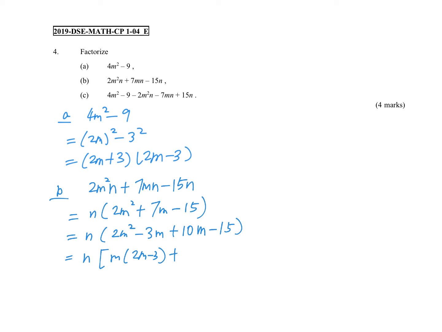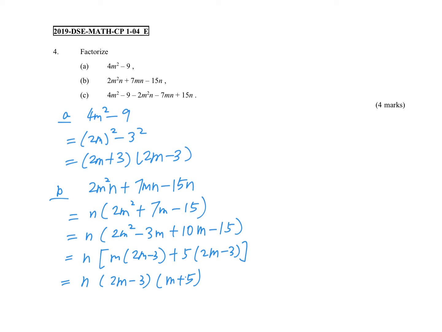For the second group, the common factor is 5, and the remaining factor would be 2m minus 3. So the common factor will be 2m minus 3, and the remaining factor n plus 5. And that's the answer for part B.